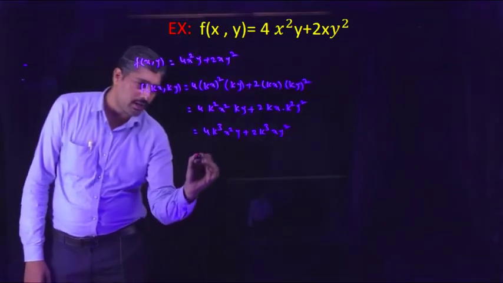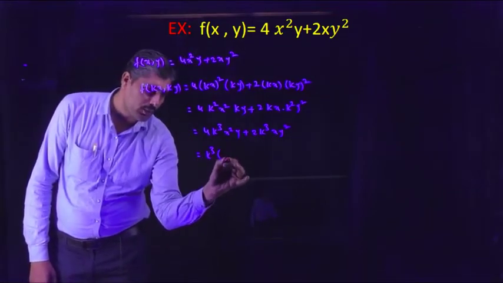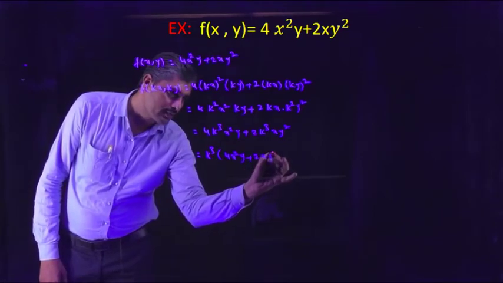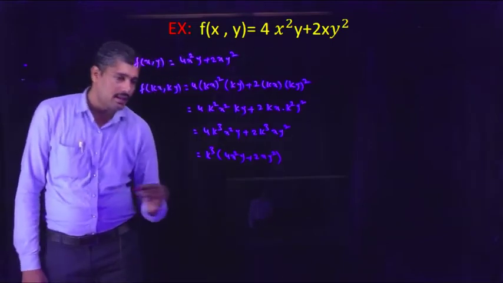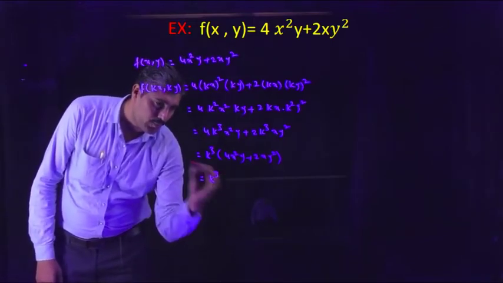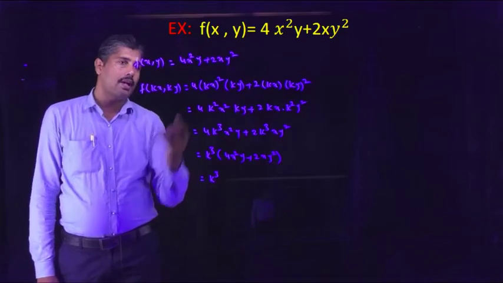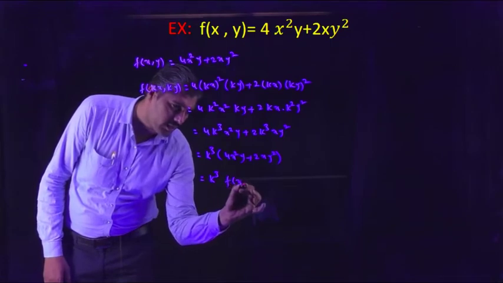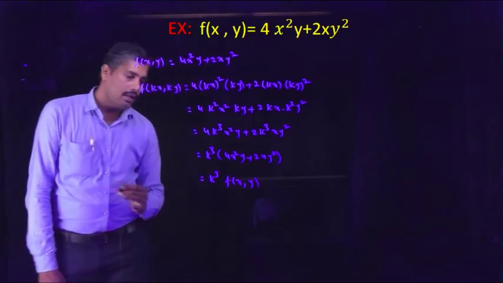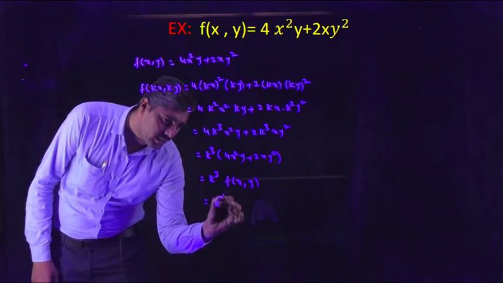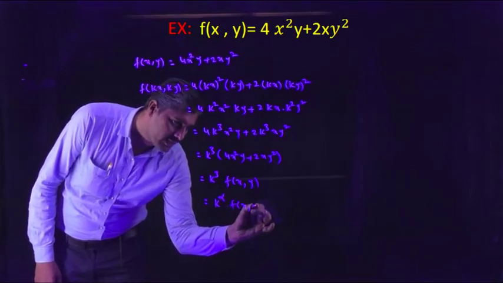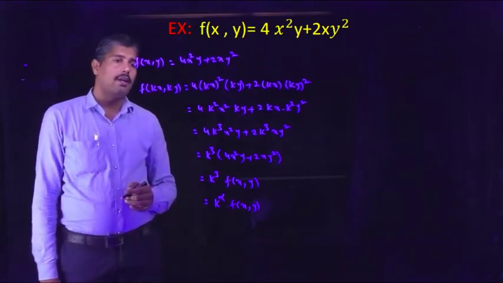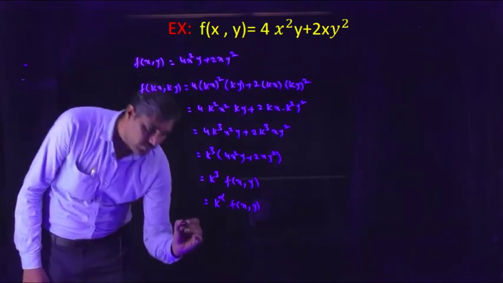Take k cube common, that is k cube into 4x square y plus 2x y square. That equals k cube into f of x comma y. Therefore, the given function f of x comma y is a homogeneous function.